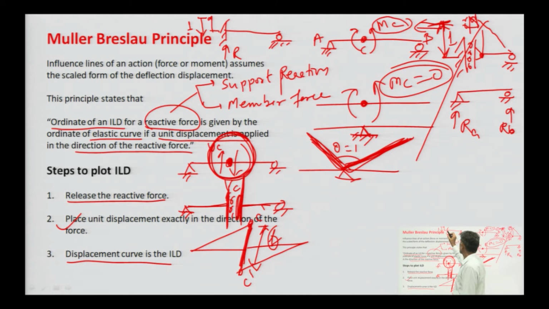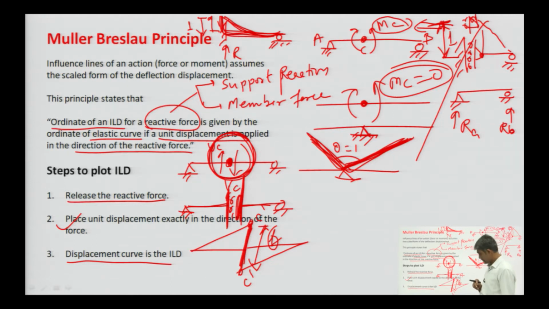Unit displacement can be provided, but it will have a curve. So, an indeterminate structure will have a curved IL, but a determinate structure will always have a linear ILD.